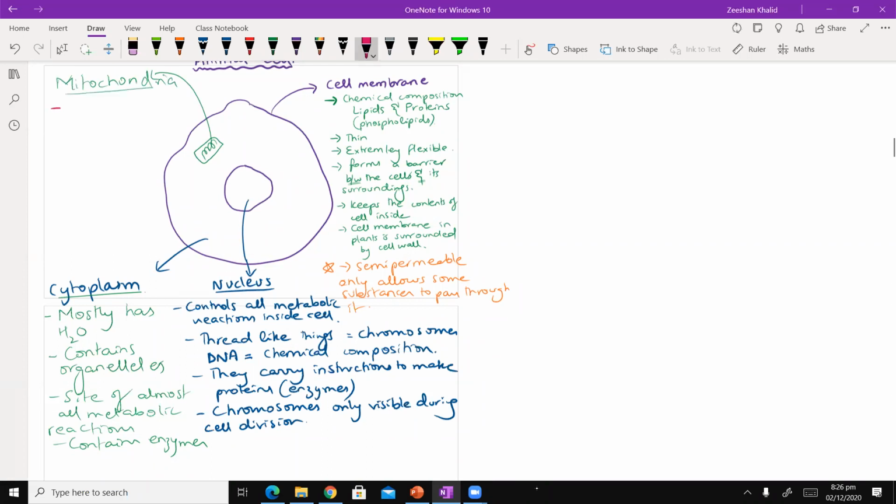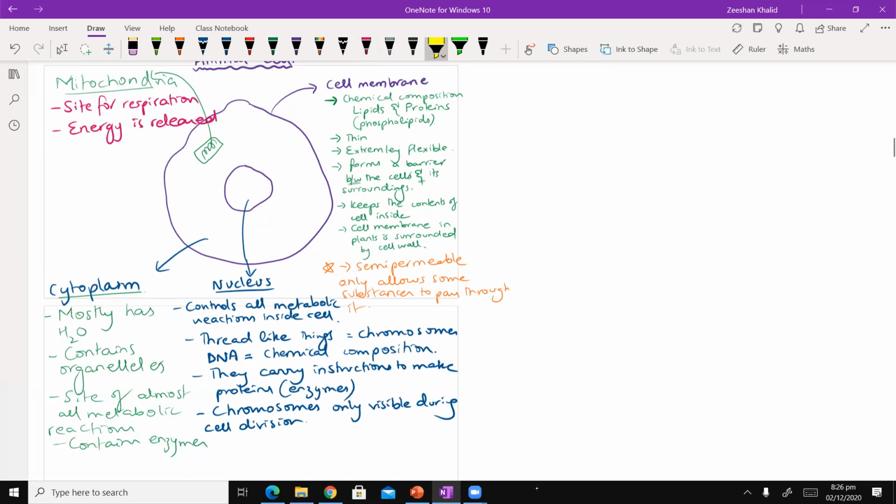Now, mitochondria, you need to remember, is the site for a very important reaction known as respiration. It is the site for respiration, and we say that energy is released. And this is so important.